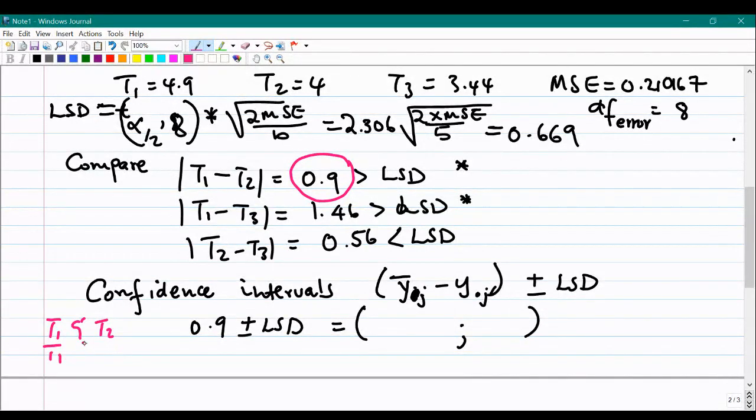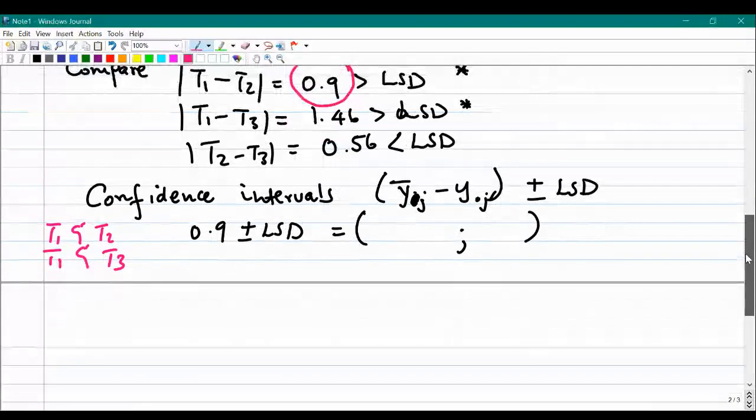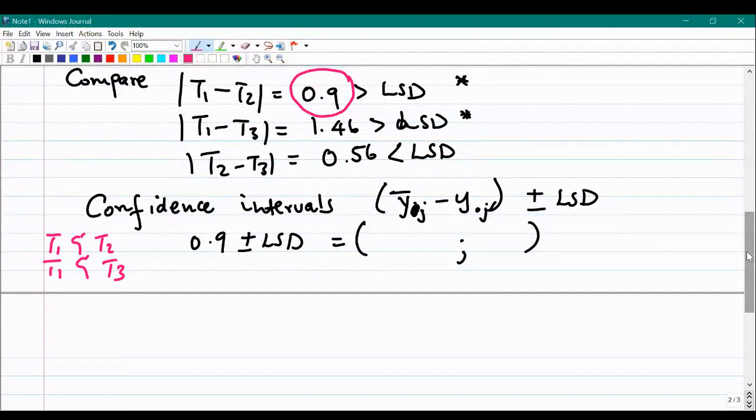Confidence interval between T1 and T3. Another confidence interval we'll need will be between T2 and T3, isn't it, my brother? Now I'm asking you, give me the confidence interval between T1 and T2. The difference is 0.9.